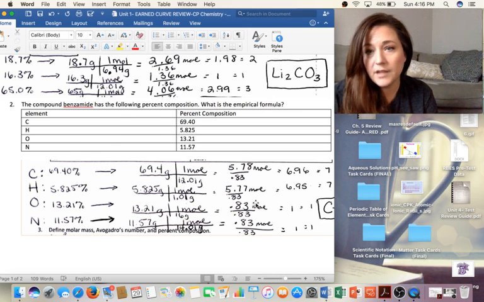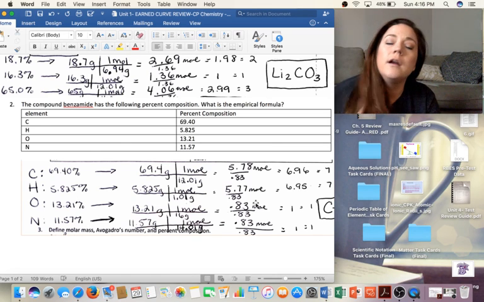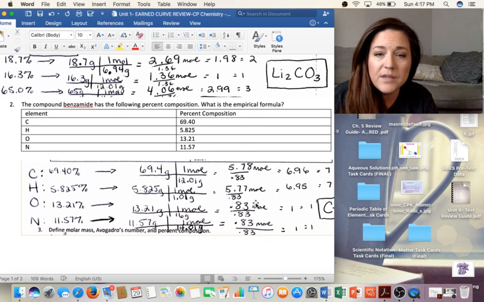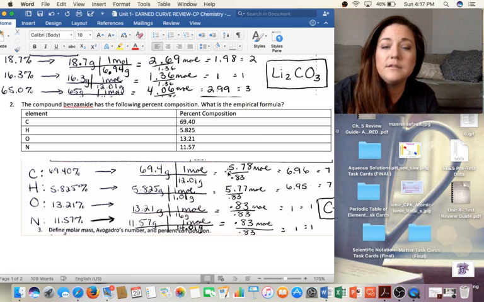Now, out of those 4 numbers I just listed and solved for, ask yourself, who's my smallest? That is going to be your step 3. So you see that 0.83 is the smallest. So divide 5.78 by 0.83 and you get 6.96.